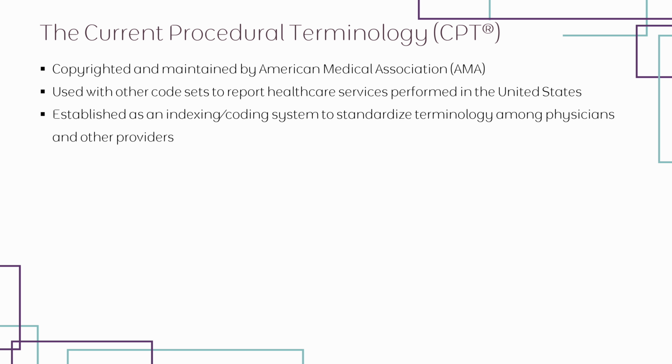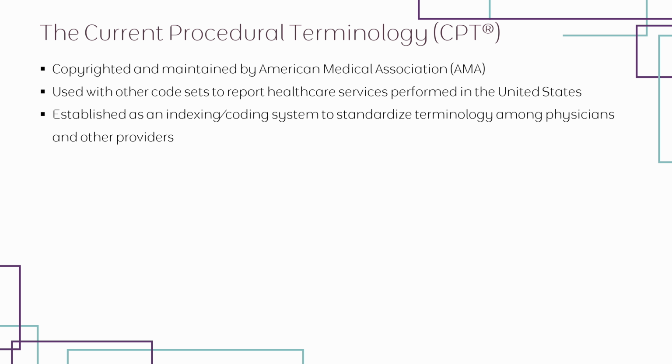In 1983, the Healthcare Financing Administration, HCFA, now known as the Centers for Medicare and Medicaid Services, CMS, adopted CPT codes alongside HCPCS Level 2, making these coding systems mandatory for all Medicare billing. This marks a significant step towards nationwide standardization for reporting medical services, procedures, equipment, and supplies.